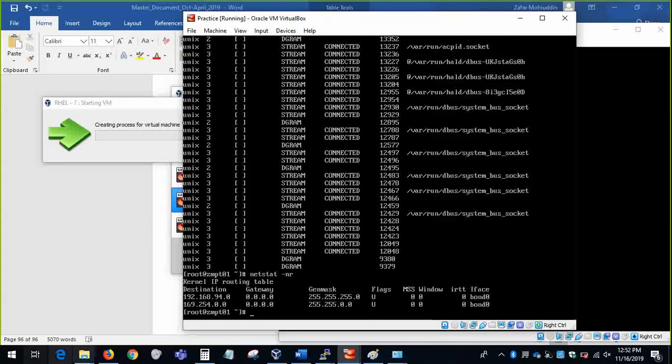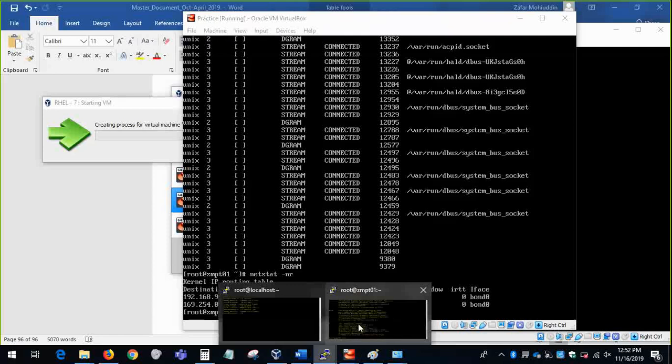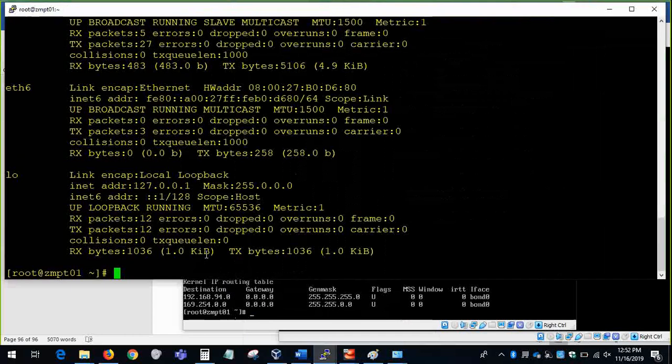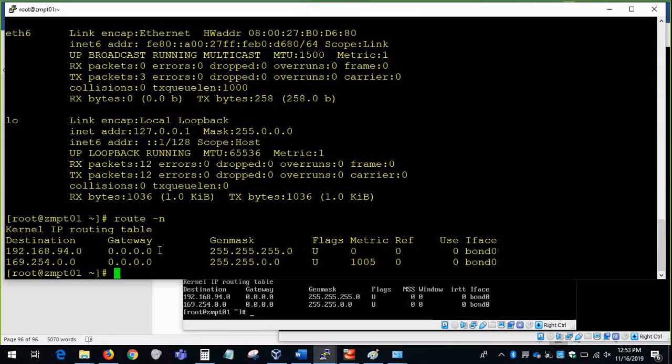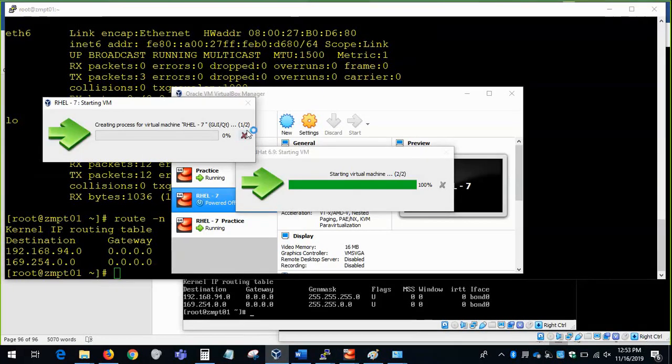Anyway, the default gateway should have been here. I was hoping. The default gateway should have been 192.168.94.1, because that's my understanding for this.